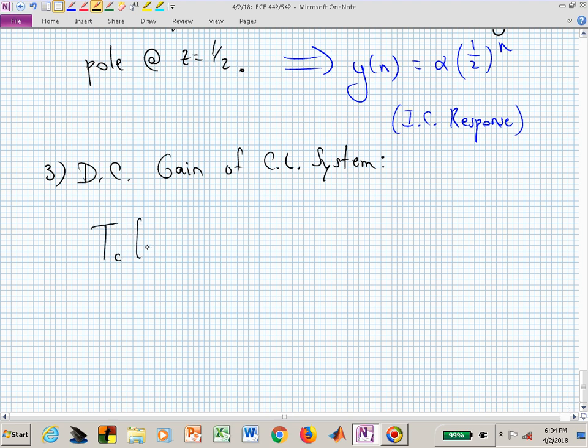And you now know how to find that. That's evaluating T sub c of z, our closed loop transfer function, at what value of z? At 1. In this case, then, we have 3/2 over z minus 1/2 evaluated at z equal to 1. Our DC gain is 3.